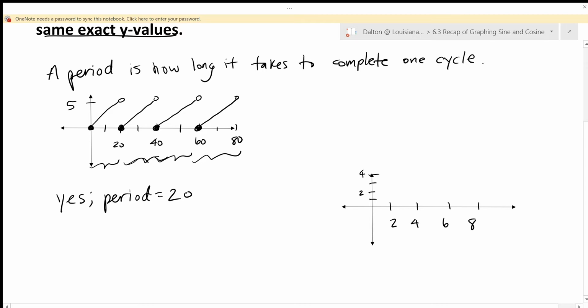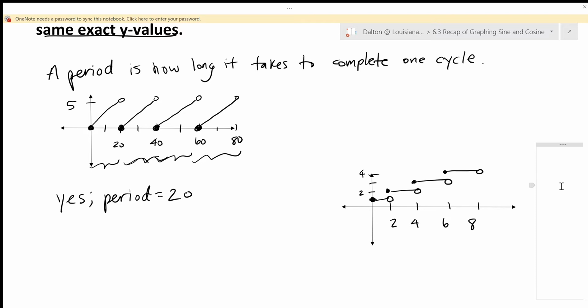And this one will be a step function, which we've seen before. So let's say it starts here at 0, 1, and then it goes over to 2 with an open coordinate, jumps up to 2, goes over to 4, jumps up to 3, goes over to 6, jumps up to 4, goes over to 8. Now my scale doesn't look lovely because I did not draw them very spaced out appropriately, but you get the idea.